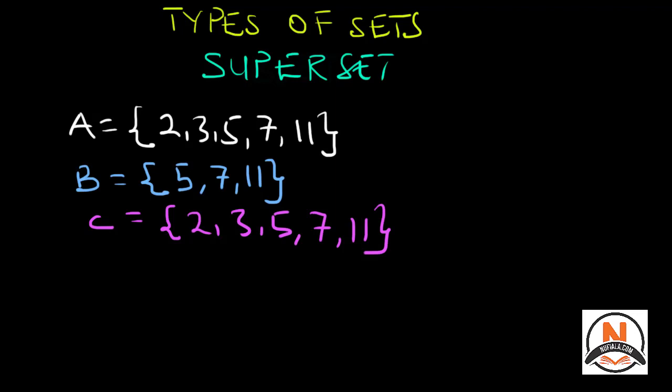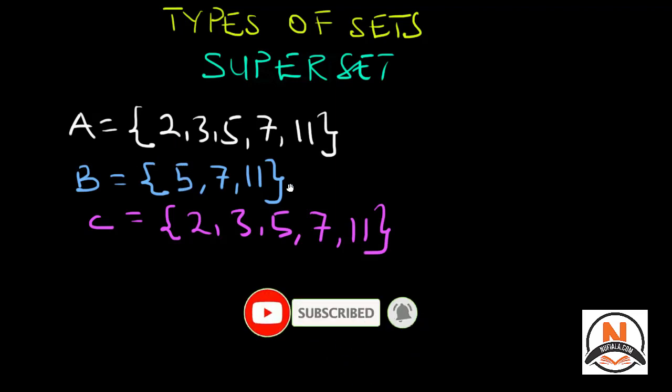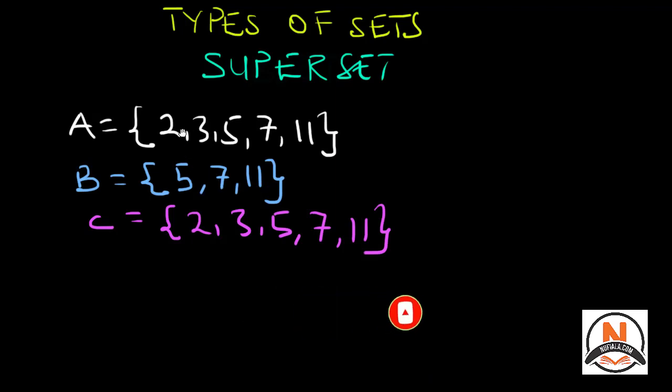You remember that we mentioned that set B is a subset of set A, because we can see all the elements in set B also in set A. So set B is from set A. So if every element in set B can be found in set A, then we'll say that set A is a superset of set B, because every element in set B can be found in set A. Or set A is the bigger set where we got elements in set B from.